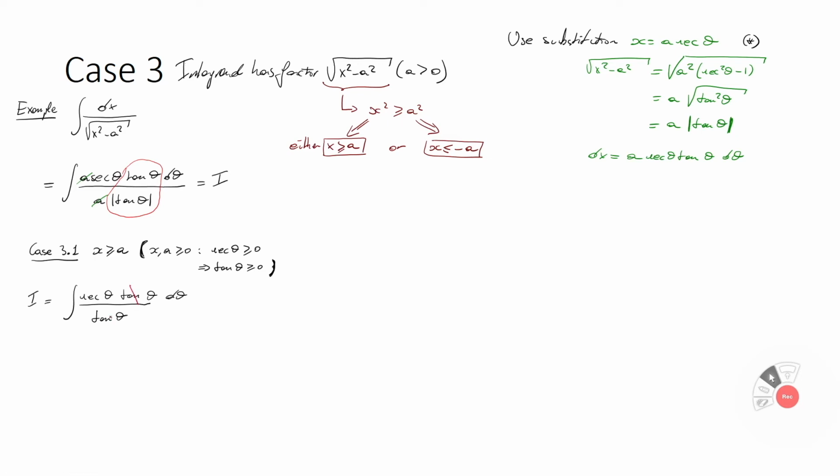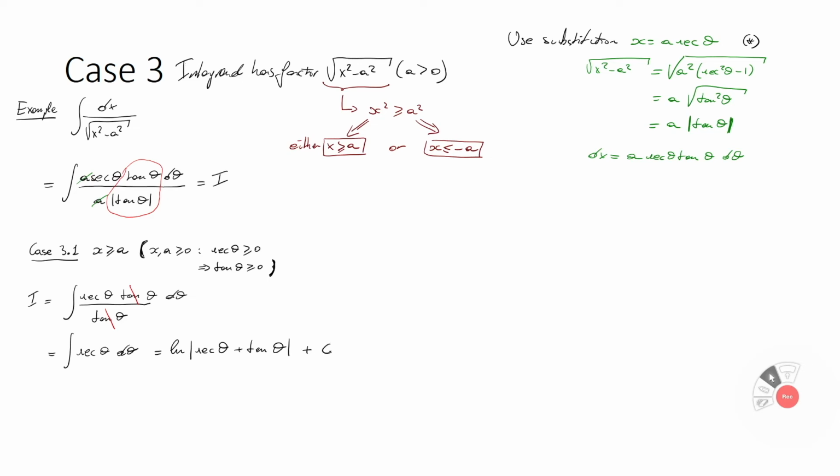That means that these two expressions cancel, and we're left with the integral of secant theta d theta. This is good because we know what the integral of the secant is. It's the natural logarithm of the absolute value of secant theta plus tan theta, plus a constant, of course.